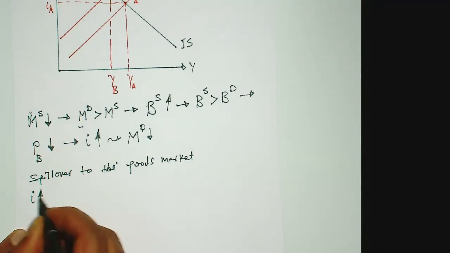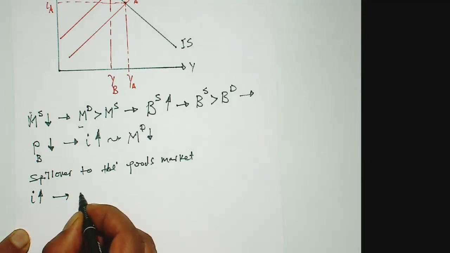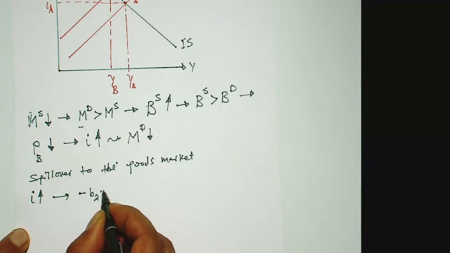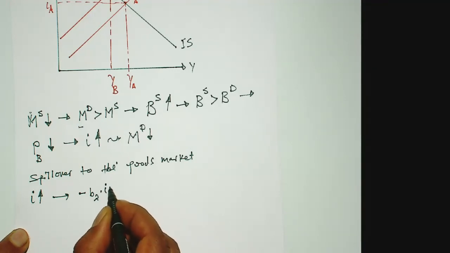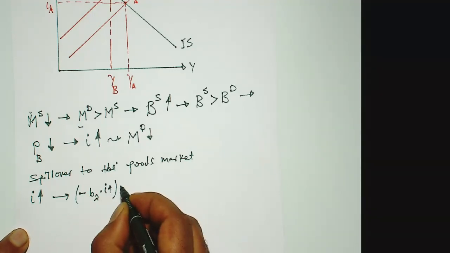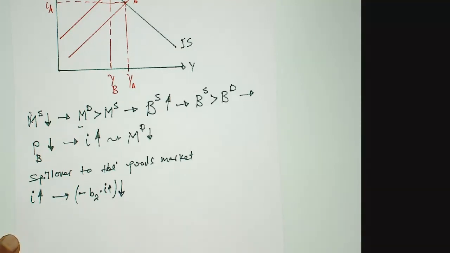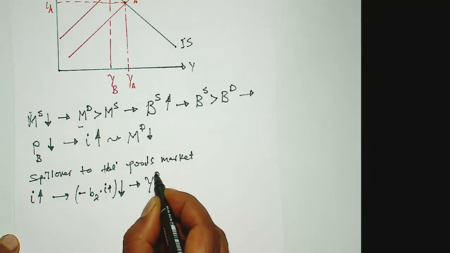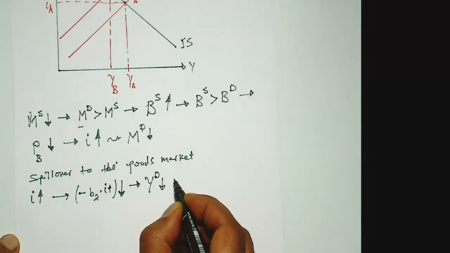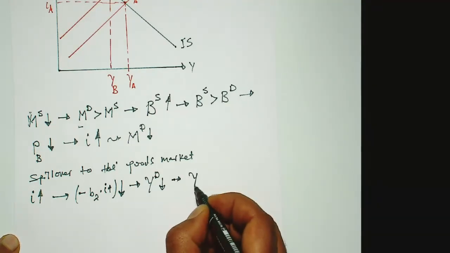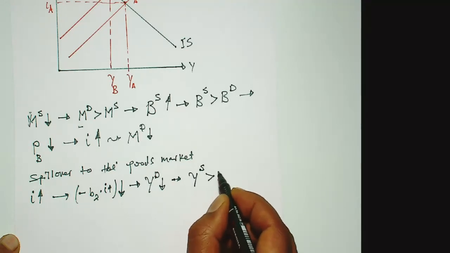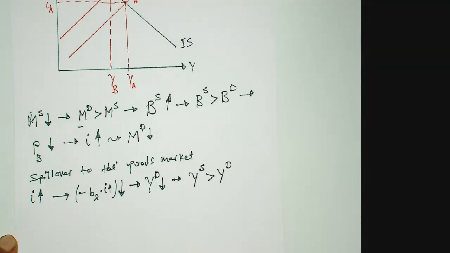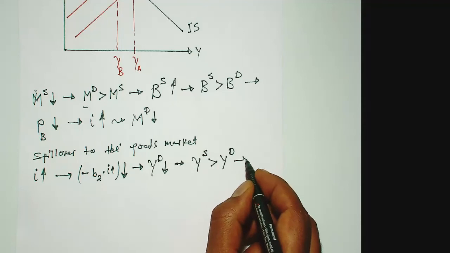We can see that when the interest rate is increasing, our IS component, which says minus b2 multiplied by i, where i is increasing, would have a decrease in overall impact, which indicates that aggregate demand would decrease, and again indicates that aggregate supply is greater than aggregate demand.